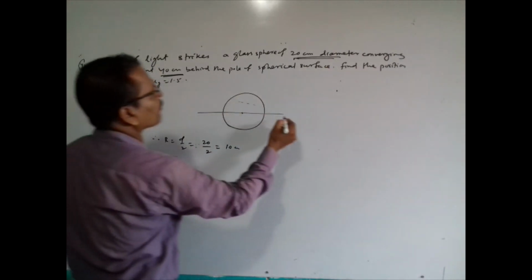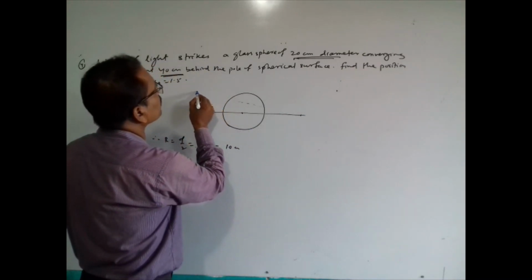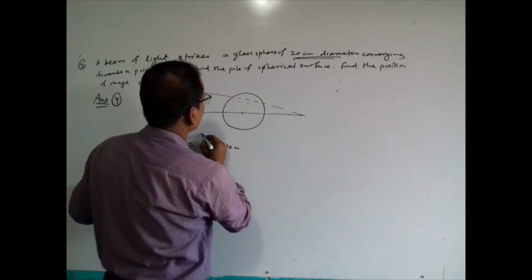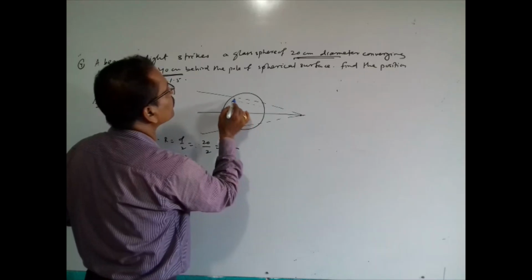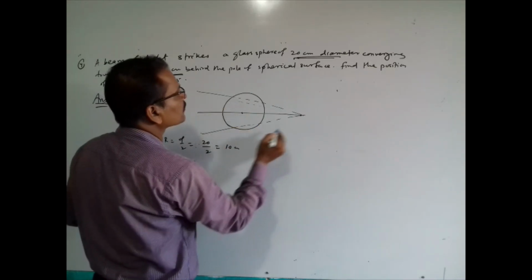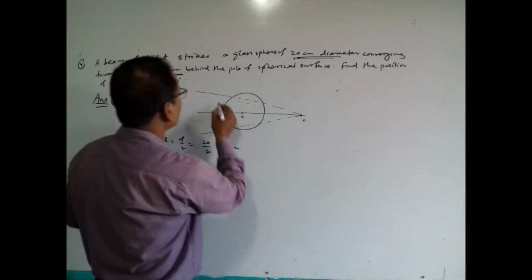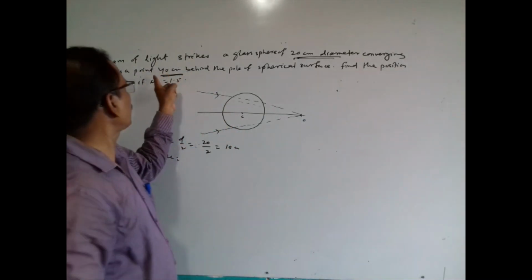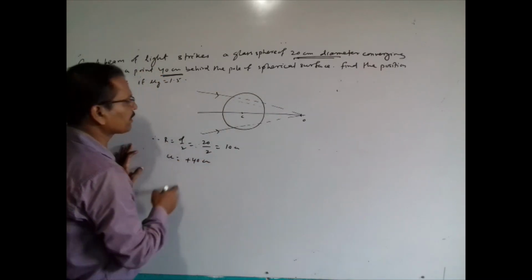The beam is converging towards a point 40 cm away. This is 40. This is C. It is the object. In this case, as it is converging to 40 cm behind the surface, u is plus 40 cm.